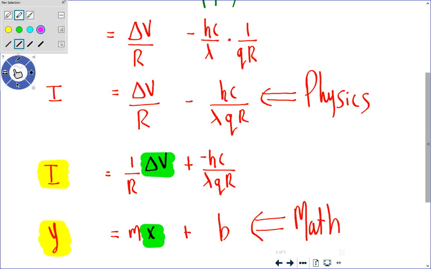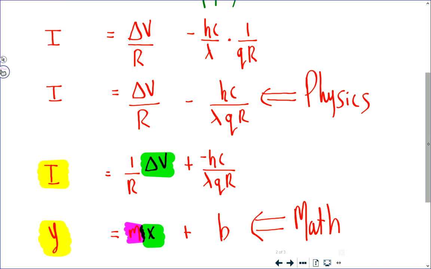I apologize in advance for the bright color, but the slope is always the coefficient of the variable that's on the horizontal axis. And what that means is the slope of your graph will be 1 over the resistance. And don't forget, the purpose of this lab is for you to determine Planck's constant.